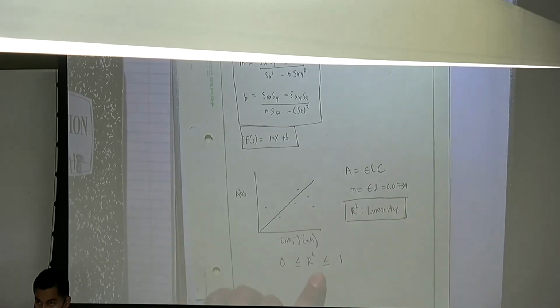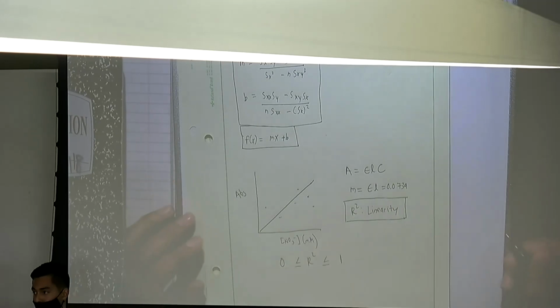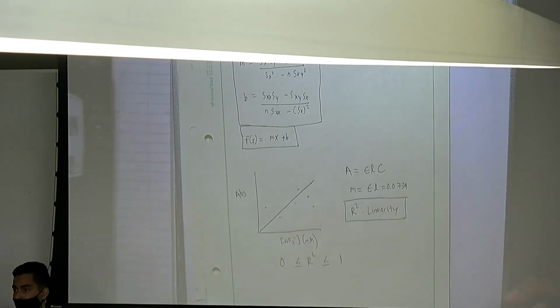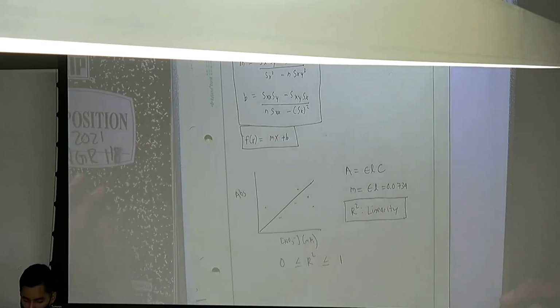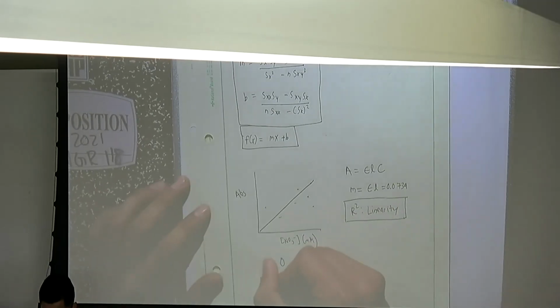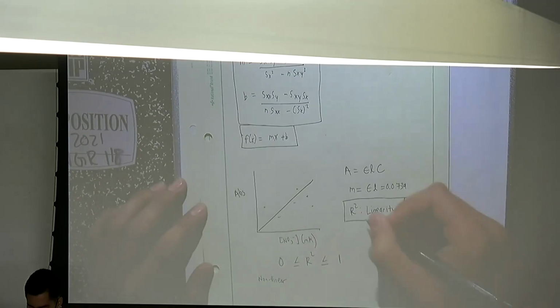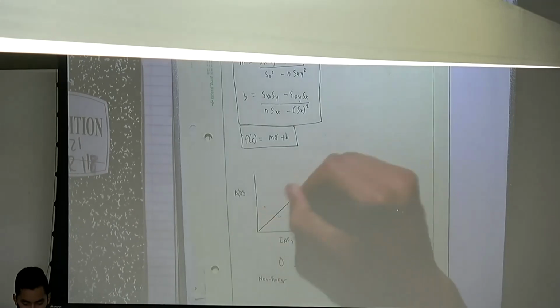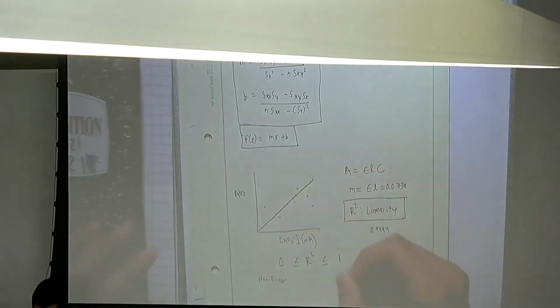So if you have something like 0.001, is that linear or nonlinear? Yeah. So if it's close to 0, that's going to be nonlinear. If it's close to 1, say my R squared is 0.999, that's going to be very linear, right? It's going to fit right on the line. So this is going to be linear.